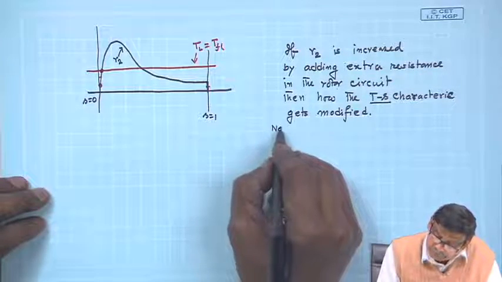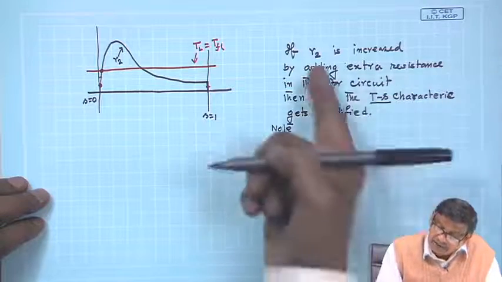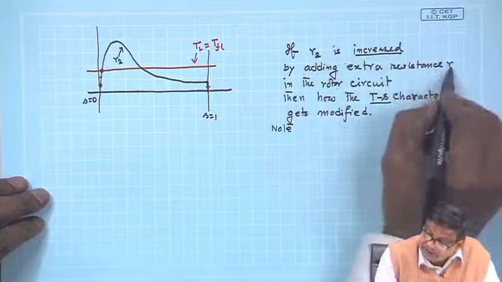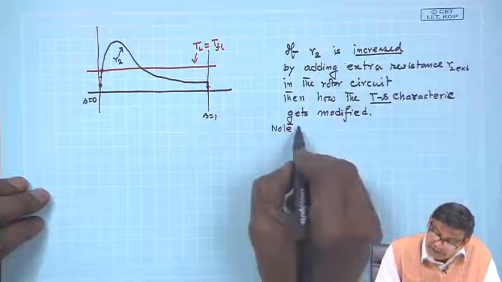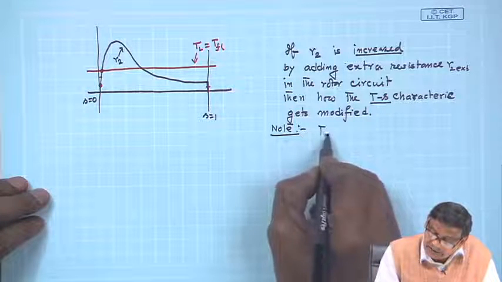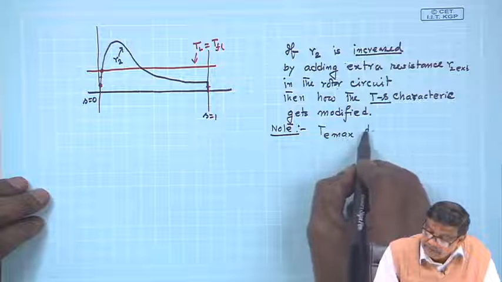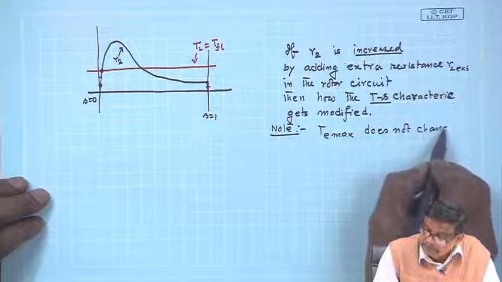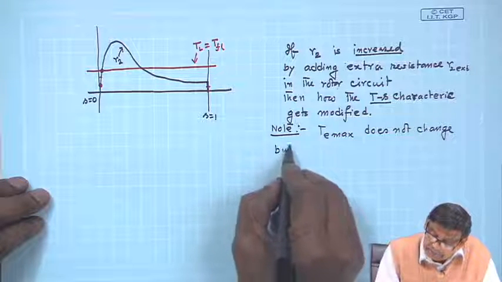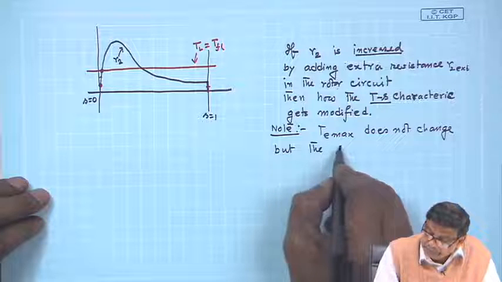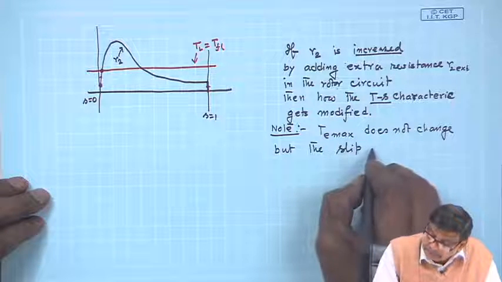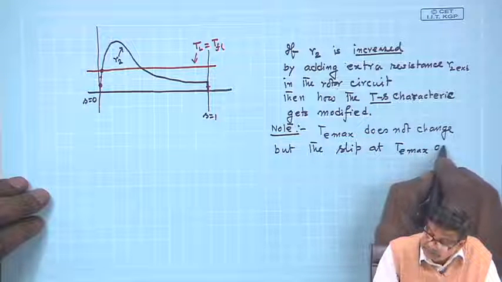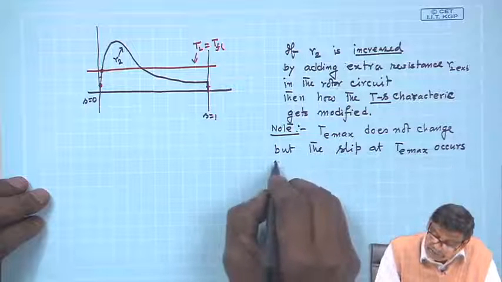Note, if you increase R2 by connecting external resistance, say R2 external, T max does not change. But this slip at which T max occurs, that changes.